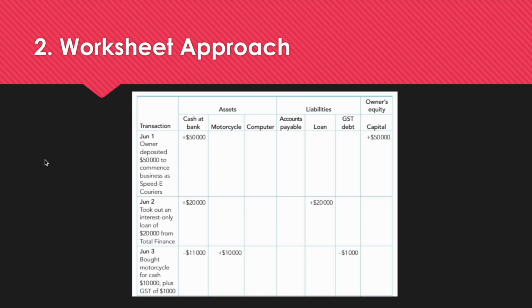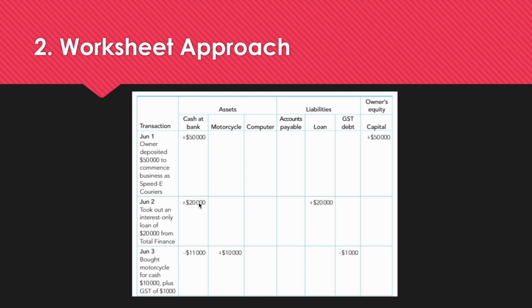So now this is a worksheet approach. So what you get in an exam or a SAC is this. So you'd have a left hand side, which is the assets, and then the right hand side, which is liabilities plus owner's equity. And of course, you would have to record the effects with a negative or positive value. And of course, like you see, the 50K is positive on the left side, and then it's balancing out with the positive 50K on the right side.